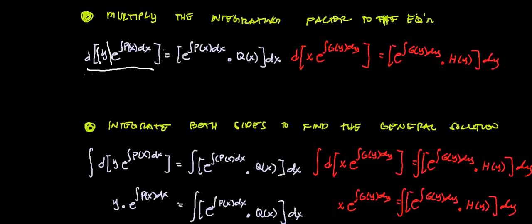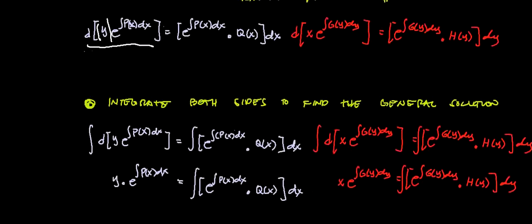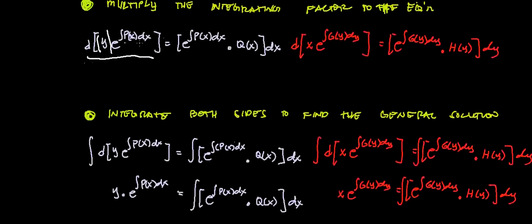And right after we multiply the integrating factor, getting the exact derivative here of y multiplied by the integrating factor, we can now integrate both sides, because this part here is an exact derivative, and the other side here is already integrable in x.